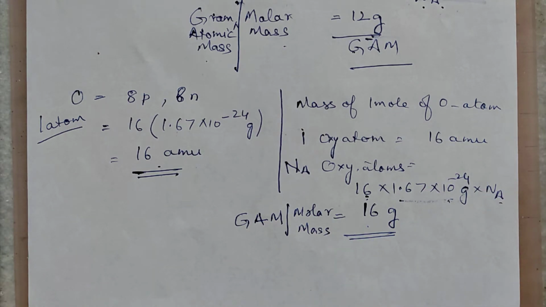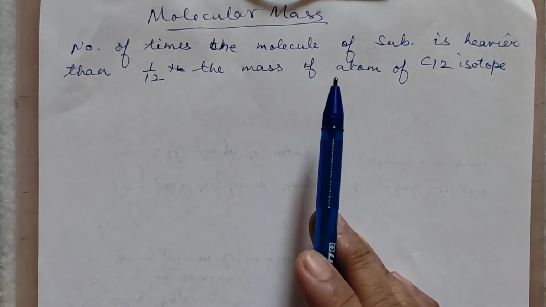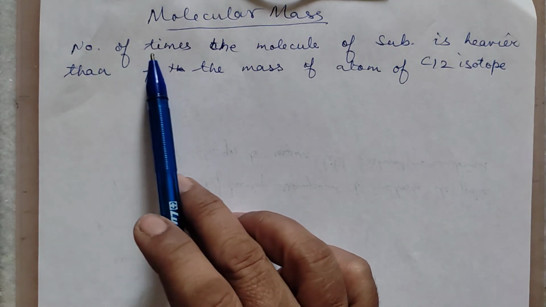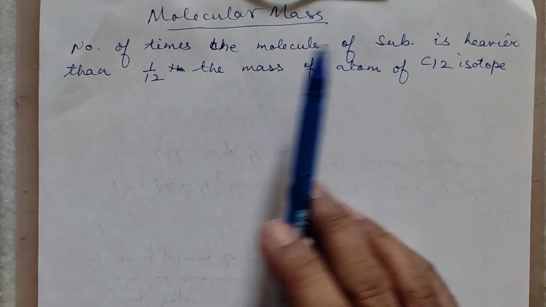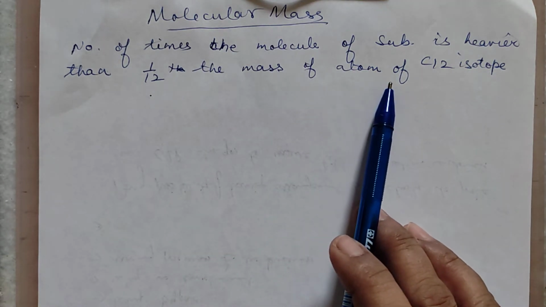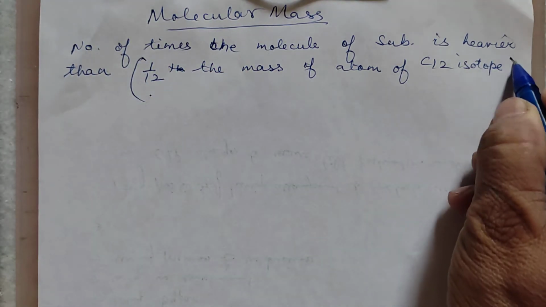Clear? Now, as we define atomic mass, in a similar manner we can also define molecular mass. It is the number of times the molecule of a substance is heavier than 1 by 12th of atom of carbon 12. That means this is again 1 AMU.